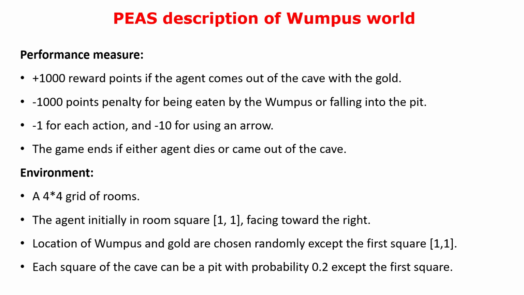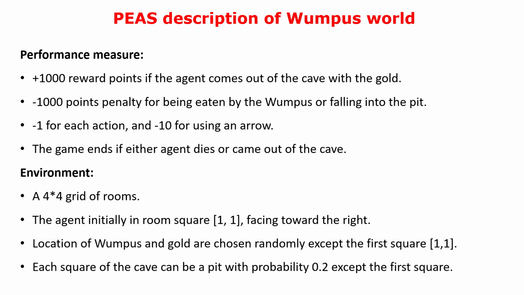He will get a reward of 1000 points if the agent comes out of the cave with the gold or jewelry to the same destination. Next, if the Wumpus kills or eats the agent, you lose 1000 points as a penalty, and likewise if the agent falls into a pit.